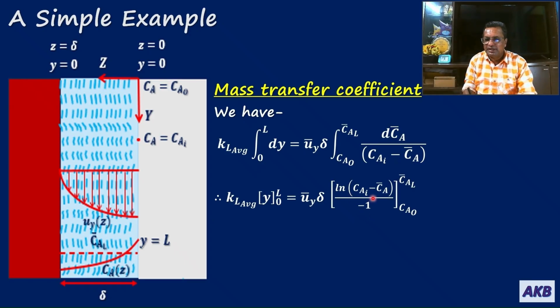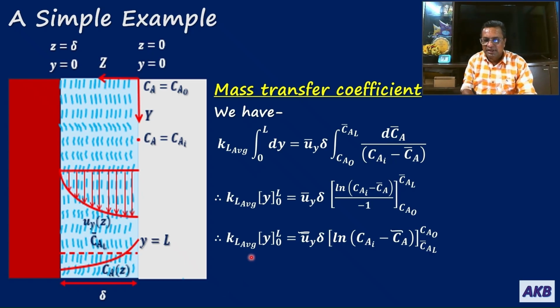So it is ln of CAI minus CA bar upon -1, with limits CA naught to CAL bar. Now I will absorb this negative sign, for that I will have to interchange the limits.